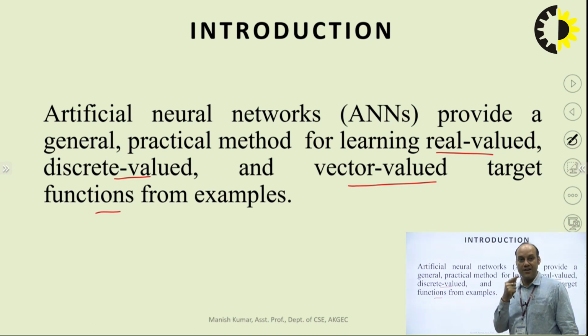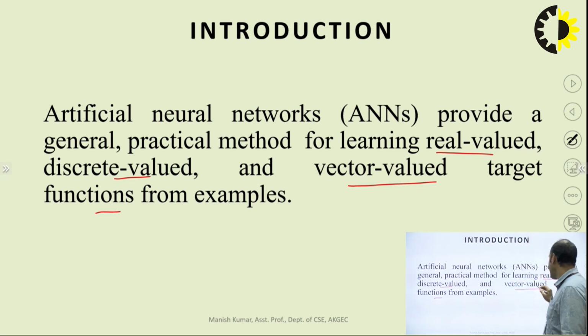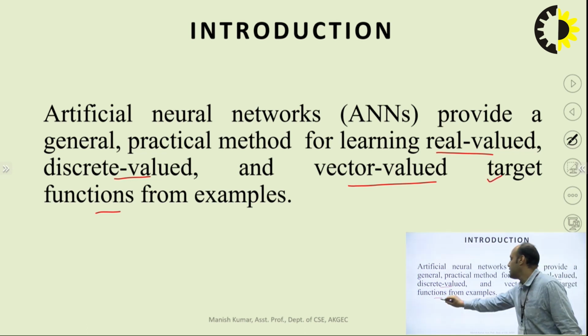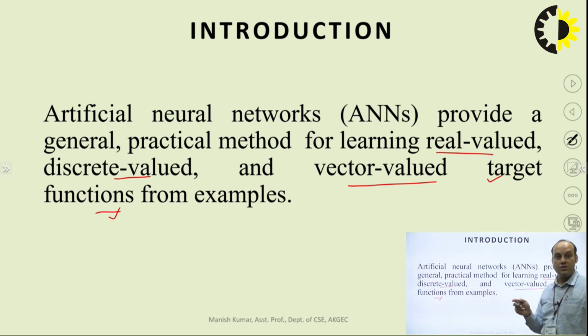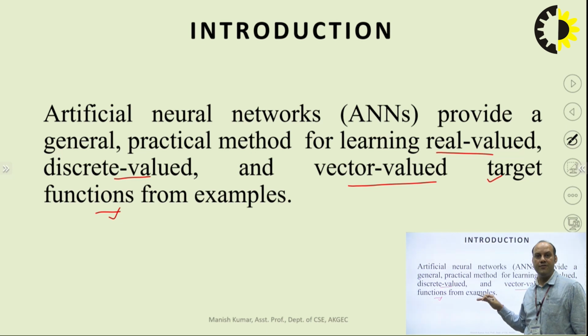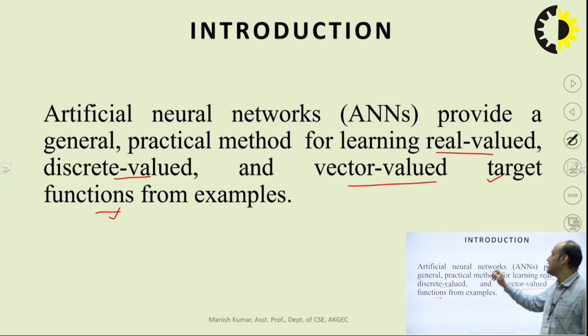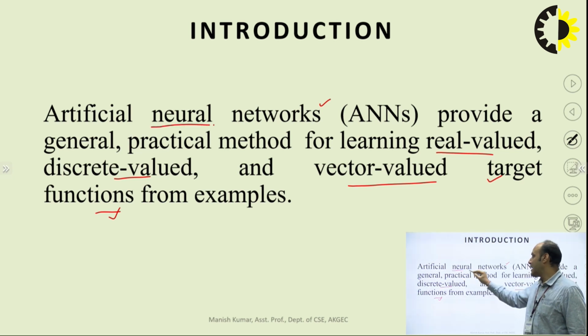Artificial intelligence is a science which helps us achieve this aim. This target function is important here, because we get some training examples and we find a target function. With the help of this artificial neural network, we will find a way to train the network. Okay, so firstly we should know what this artificial neural network is.